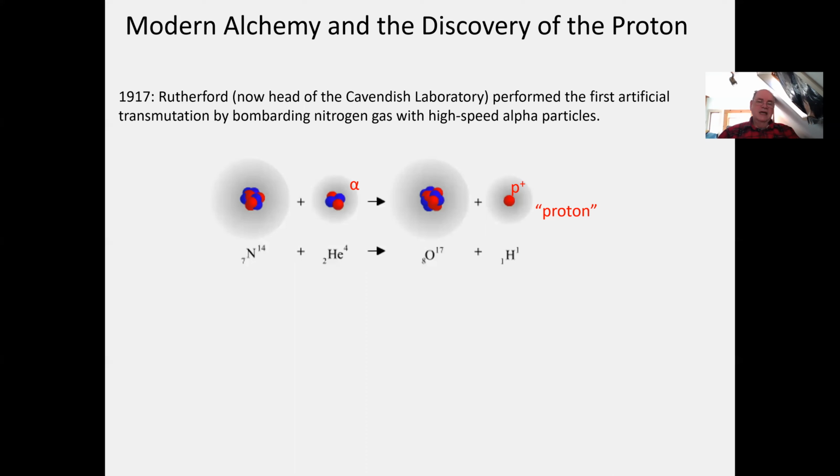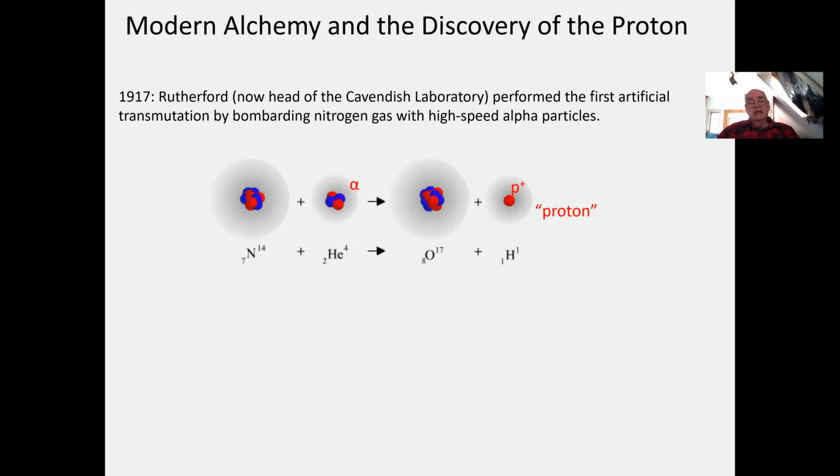And he noticed that these high-speed positive charges were being produced. He saw them collecting on a positive plate. The alpha particles were somehow creating these high-speed, single individual positive charges.